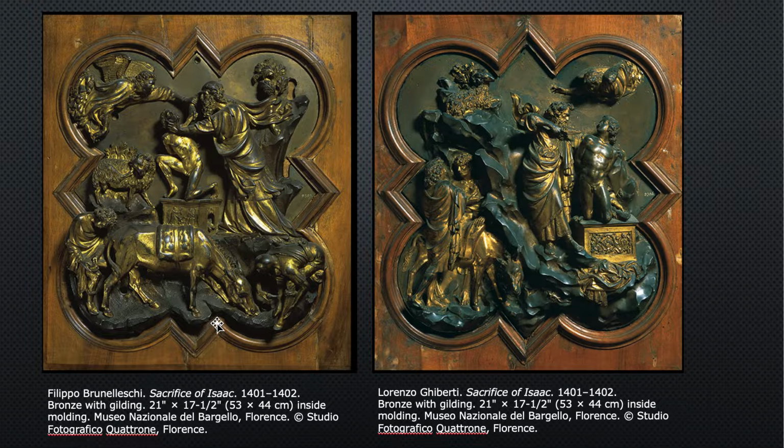So Abraham gets ready to kill Isaac, and just as he's about to kill him, the angel comes down from heaven and stops him. In this one, here's Abraham, here's his son who's nude, kneeling on an altar, and the angel reaches out his arm and grabs Abraham's arm, which is holding a knife. His left hand is gripping Isaac around the neck, and his right hand holds a knife.